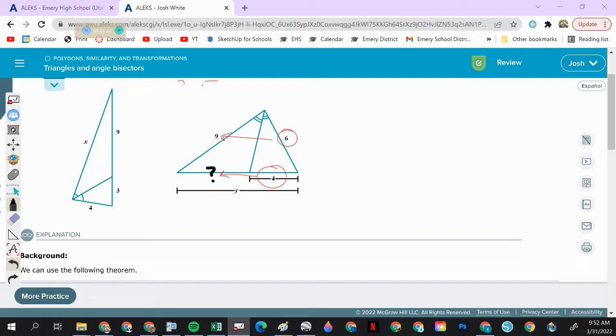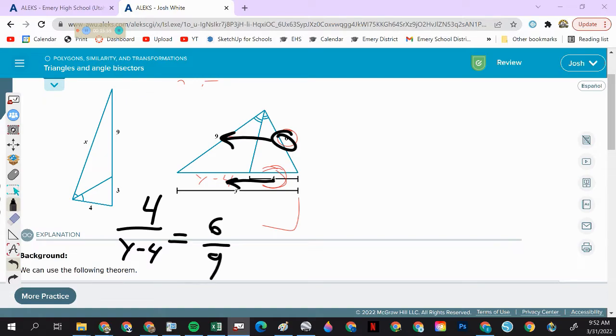Y minus 4, exactly. So if this distance is y, then this distance is the length of y minus 4. So I'm going to put y minus 4 right there. So now my fraction is 4 over y minus 4. So this one divided by that one, and then this one divided by that one, equals 6 divided by 9.